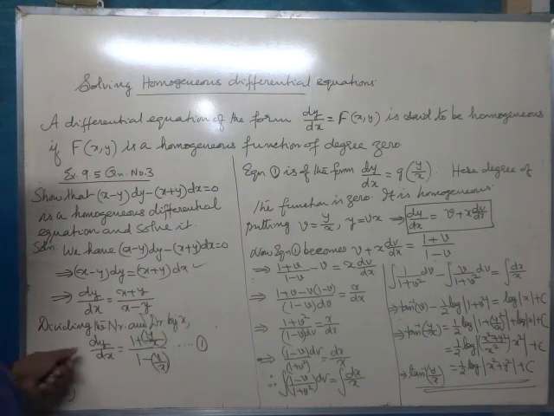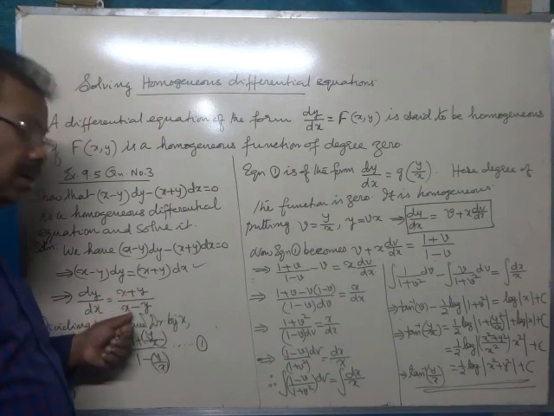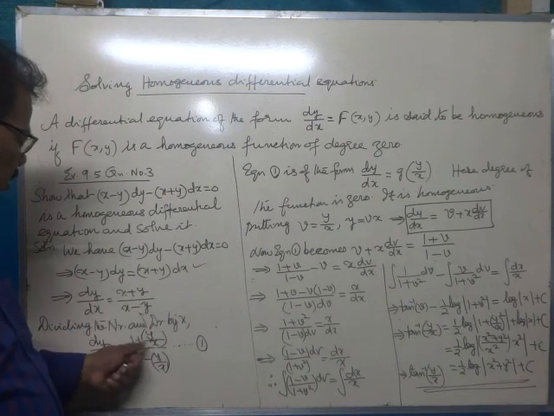Then dividing the numerator and denominator by x. Now dy by dx will be equal to x by x (1 plus y by x) over (1 minus y by x).